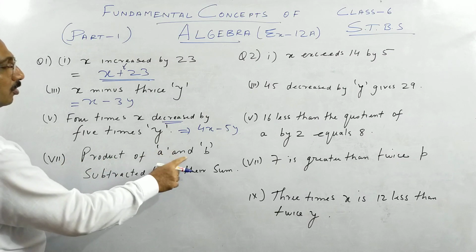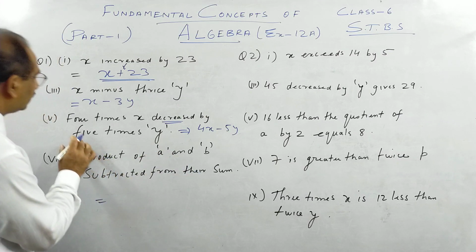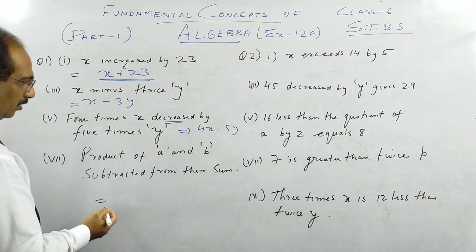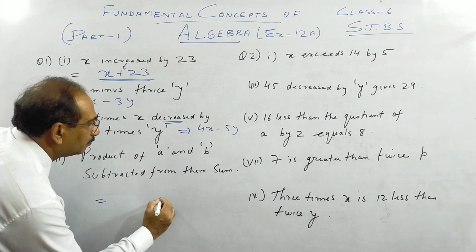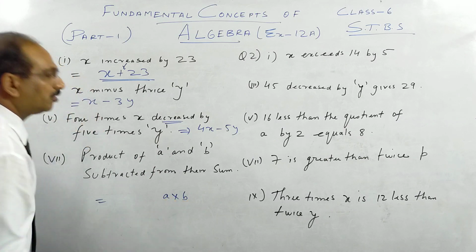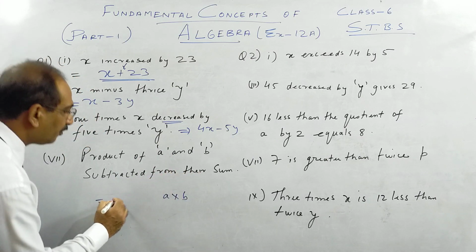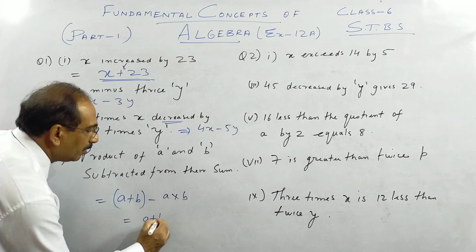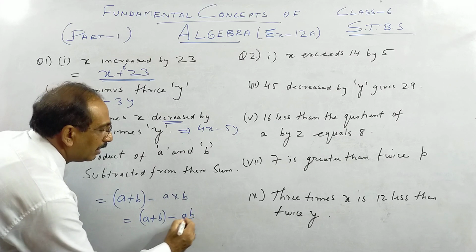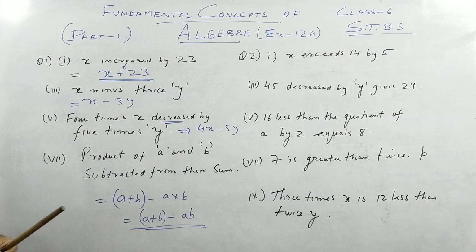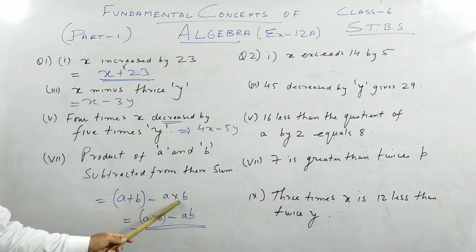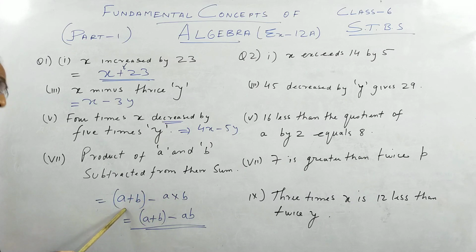Product of a and b. Here this sign implies equal to, so you put this implies product of a and b. Product of a and b subtracted from their sum. The sum will come here, children, so you write a plus b minus ab. We have the product of a and b subtracted from the sum, so this will be minus from this.